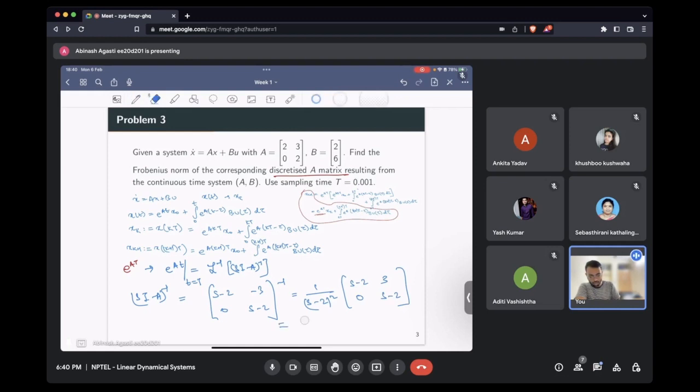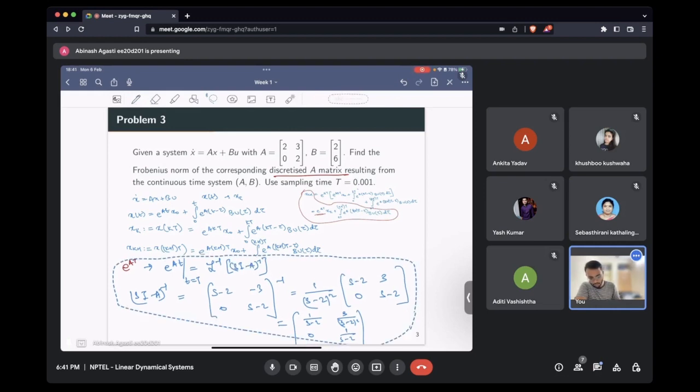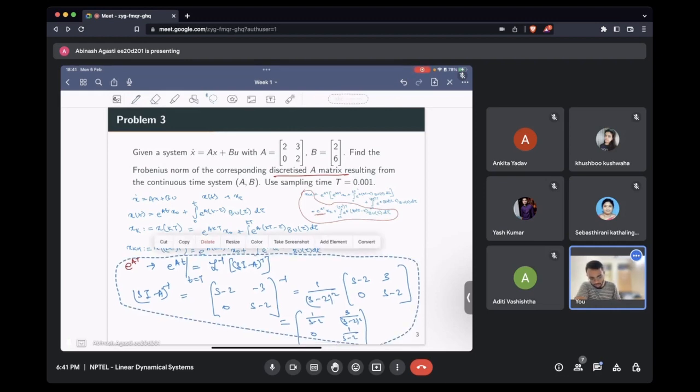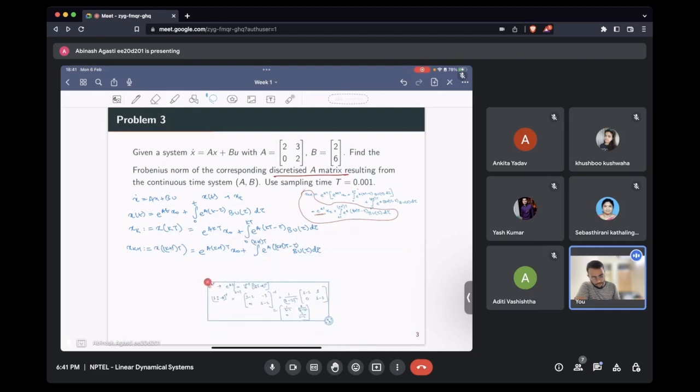So this gives me 1 by (s minus 2), 0, 3 by (s minus 2) whole square, 1 by (s minus 2). This is the (sI minus A) inverse matrix.